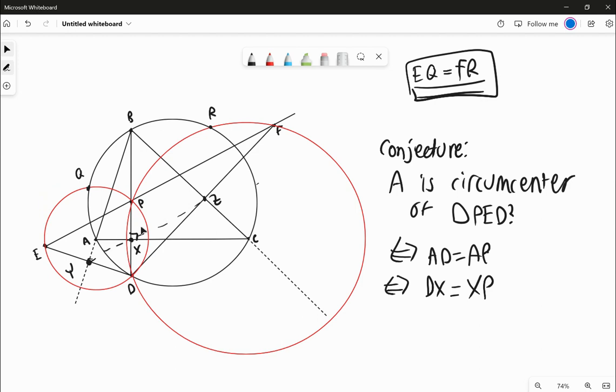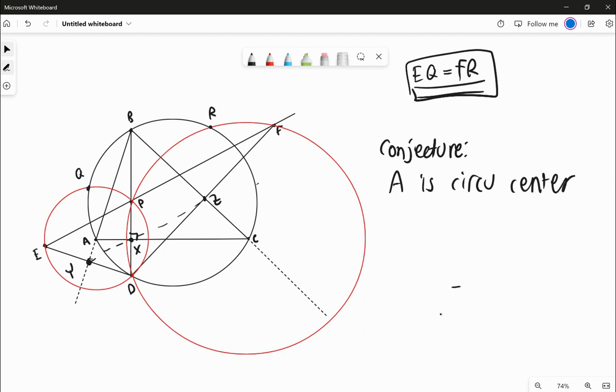And that means that the intersection points are also preserved, which means that it maps point X to point P. Therefore, DP is equal to 2DX, which means that DX equals XP. So now we know that AP equals AD. Let's go ahead and erase all of this. And we, in fact, have that A is the circumcenter of PED.